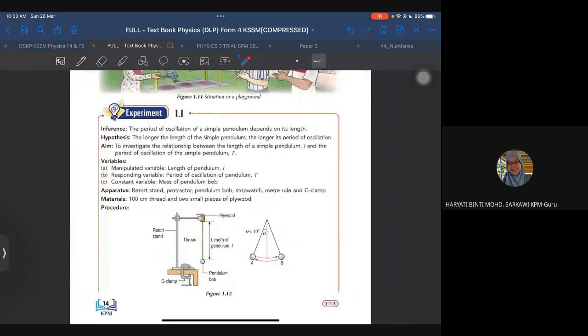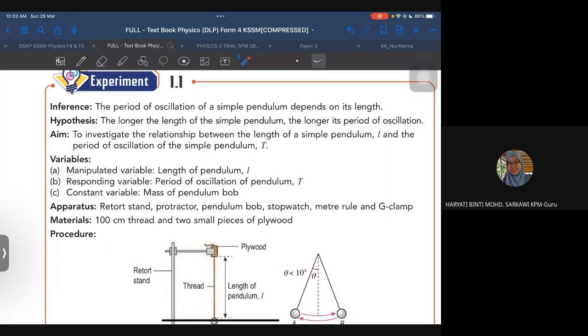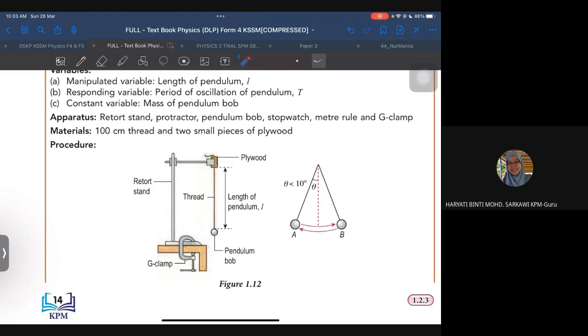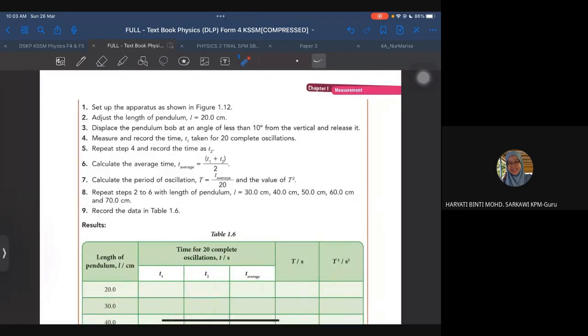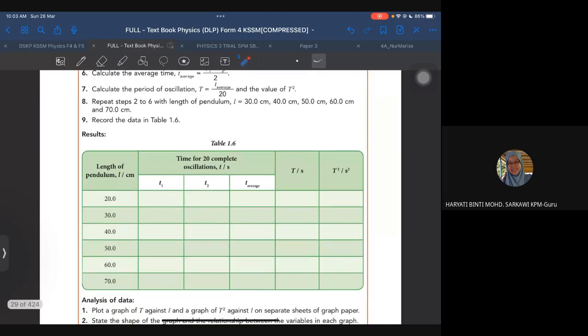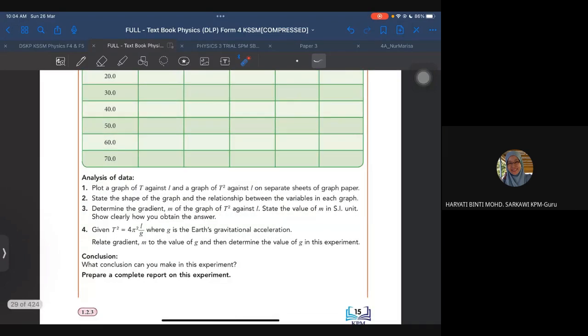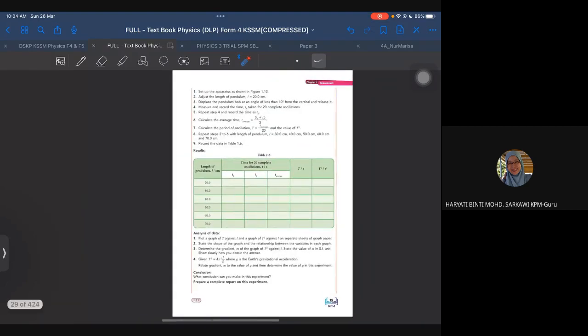You can start writing the report already. The inference and hypothesis can be copied from here. Even the diagram can also be copied. But the procedure you can change into passive voice. A passive voice report. That one was already taught by your Form 1, Form 2, Form 3 teachers, right? And then this table can be copied. And this one also can be copied. Then when you come next week, you can already start doing the experiment.